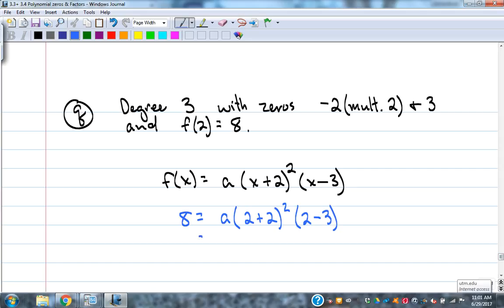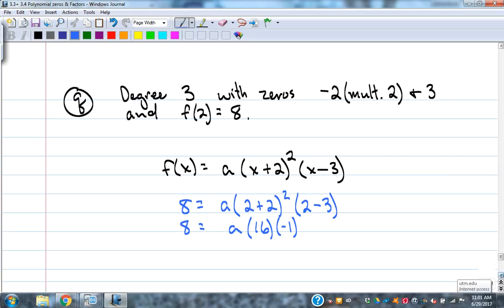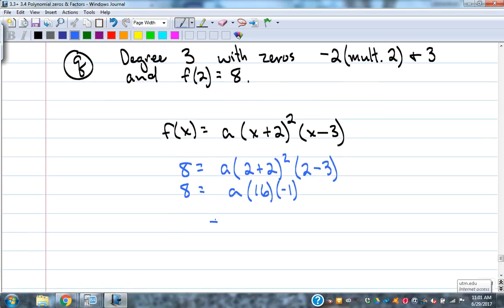And working those out, that's going to be 4 squared is 16 times negative 1. And so that'd be negative 16a is equal to 8. So a is negative 1/2. That's what it tells us. It won't always be a fraction, just is on the ones I picked.